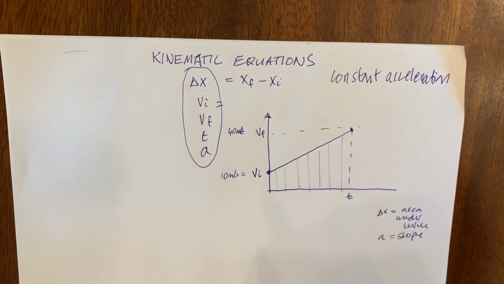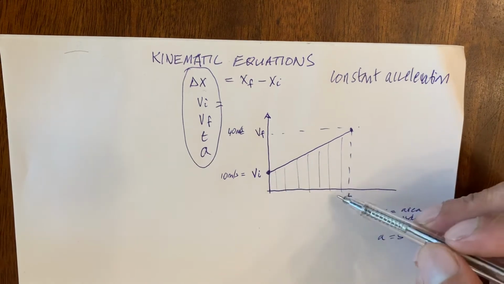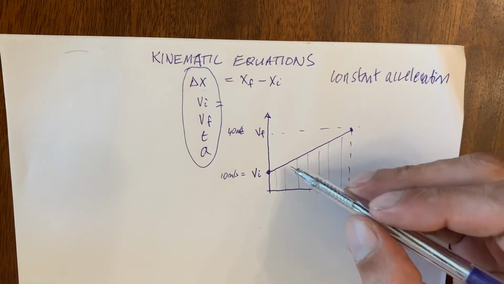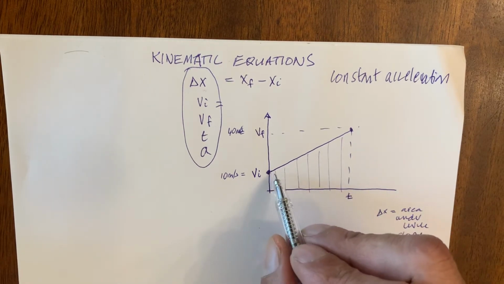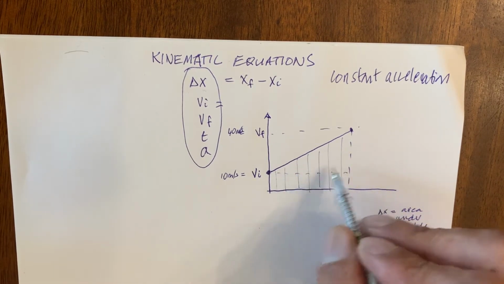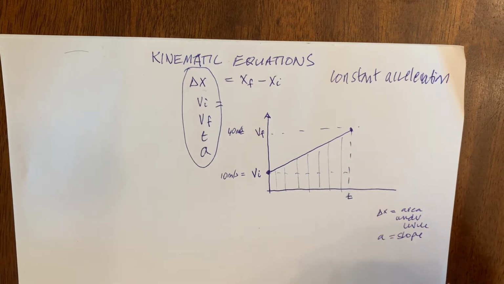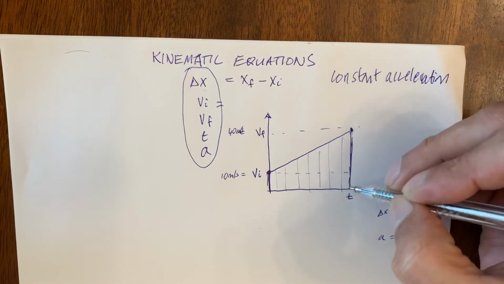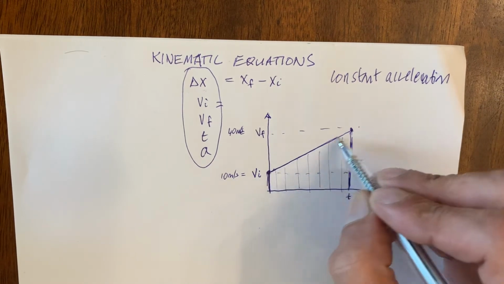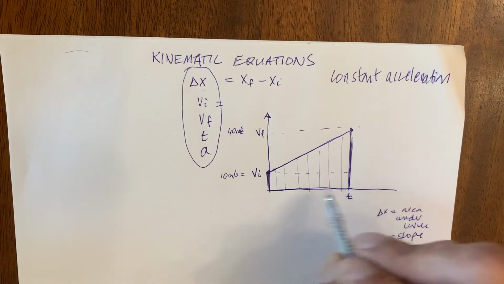First, let's see how you would find the displacement of this graph. You'd say, I'll find the area. There are 2 ways you could find the area. You could break it into a triangle and a rectangle and add them up. Or you could think of this as a trapezoid where these are the 2 parallel sides and these are the 2 other sides.